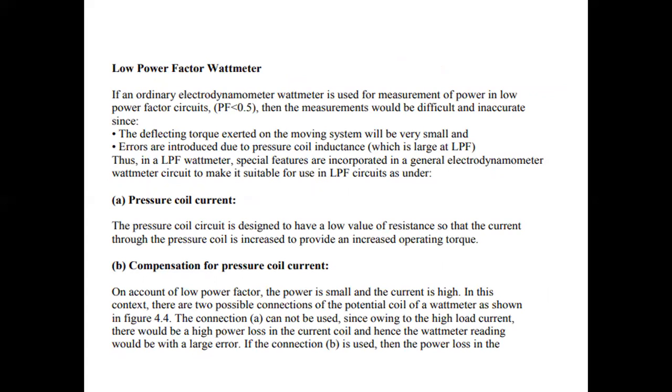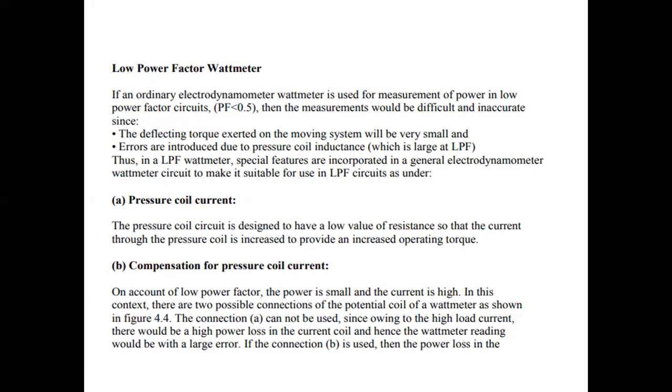An ordinary electrodynamometer type wattmeter, when used for measurement of power in a low power factor circuit, that is, a power factor less than 0.5, makes the measurement difficult and inaccurate, because the deflecting torque exerted on the moving system will be very small, and error is introduced due to the pressure coil inductance.